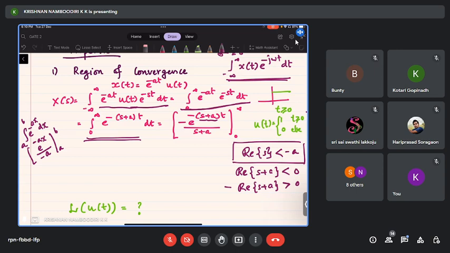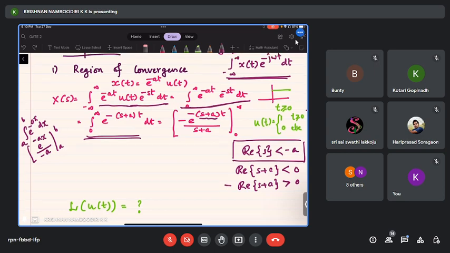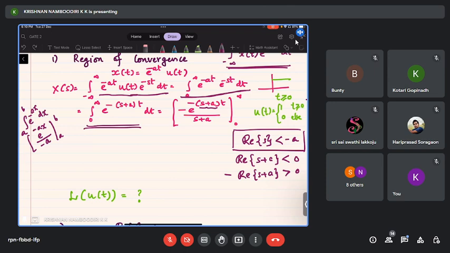When I substitute t equal to infinity, in order to have this value be a finite number, the exponent in e power minus s plus a has to be a negative number, correct? Otherwise that integral will explode to infinity. Agree? So basically what I am saying is that this integral will have a value only if the real part of s is greater than minus a, correct?